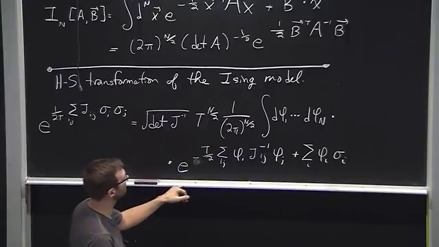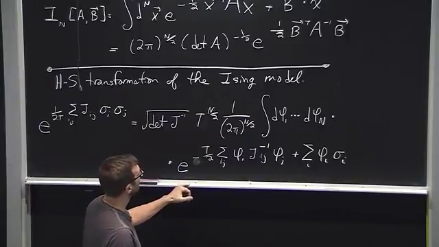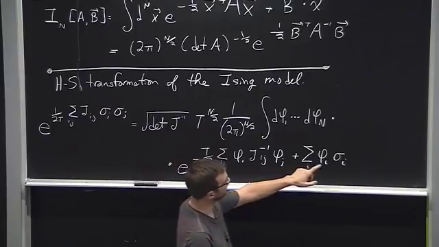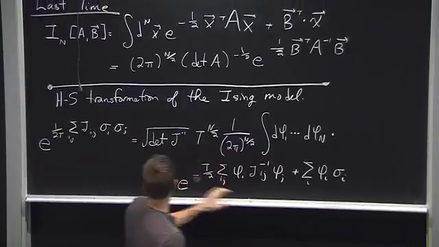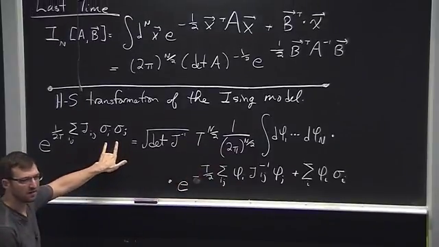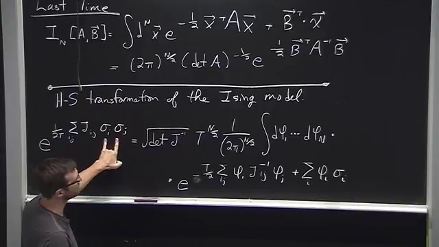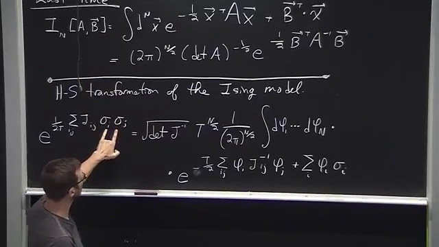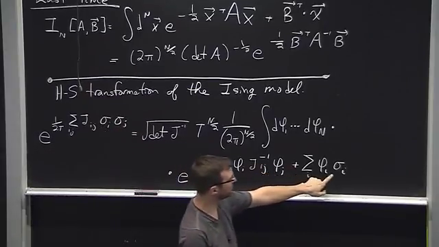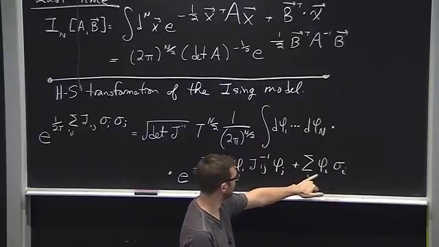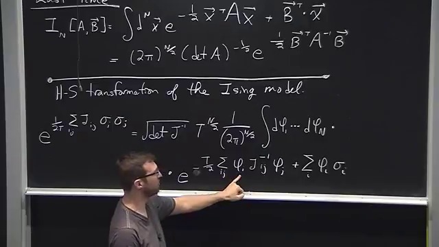Like I said, you have a decoupling of, this is like an interaction here. This is what's hard to take the trace of. But once you do the Hubbard-Stratonovich transformation, you'll have one of these spins decoupled, but at the cost of an auxiliary field, phi.